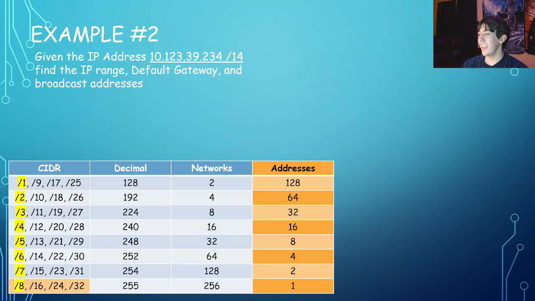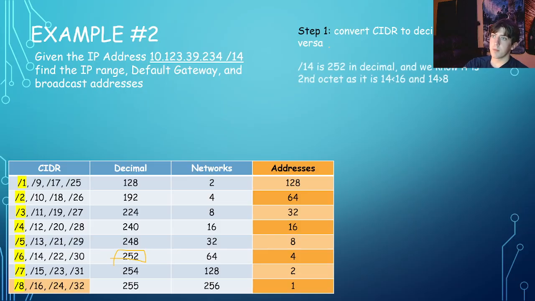Anyways, 252 in decimal. So that will help us find our subnet mask. CIDR 14 tells us our subnet mask. But we can be cool and awesome and just know off the dome that 14 is 252. Now, we're going to convert our CIDR to decimal.